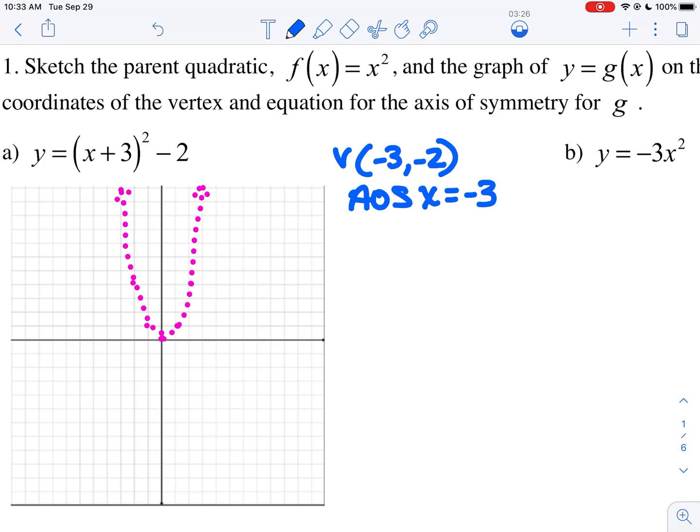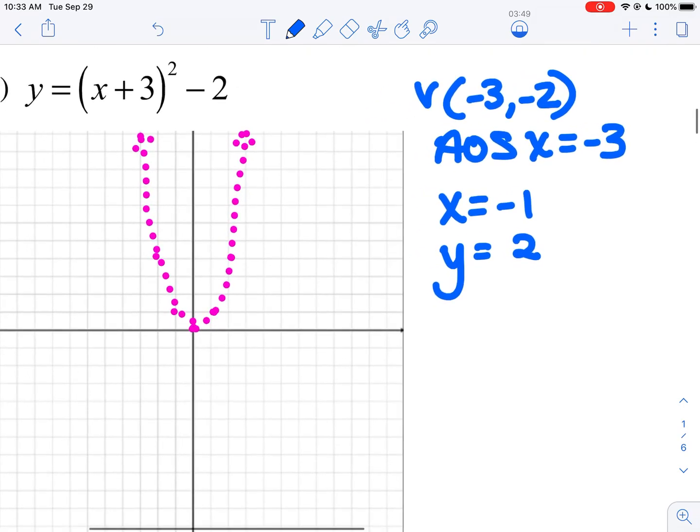Then what I like to do is just pick another point. So if I just randomly select x is -1, plug it in here, my output is 2. So let's go plot this. If I have -3, -2, and then I have -1, 2, this is opening up, then I can use symmetry to get the other one right there.